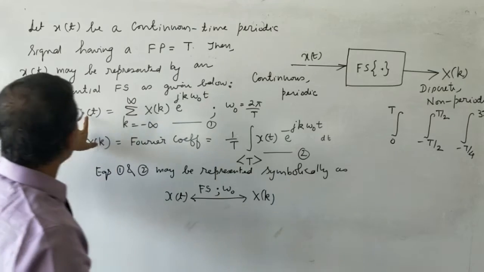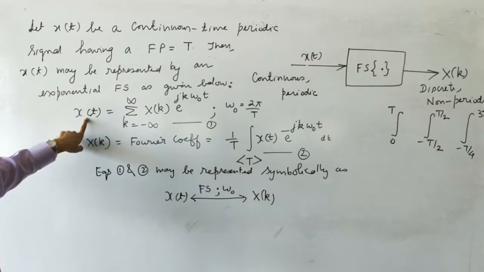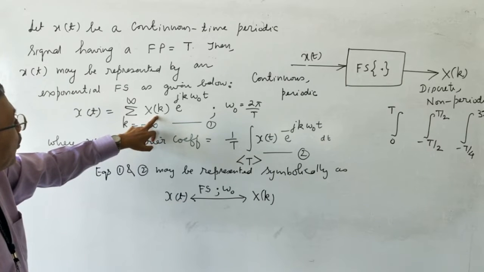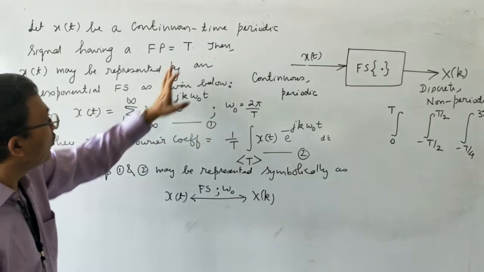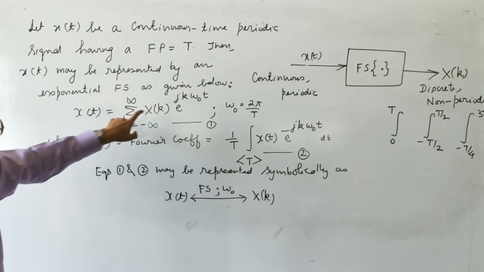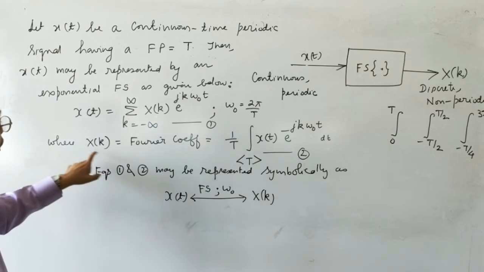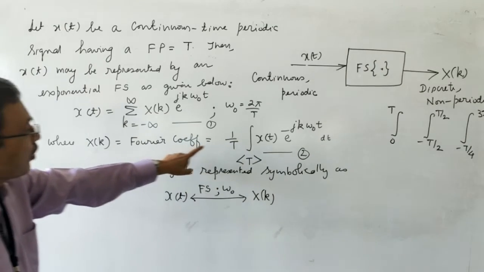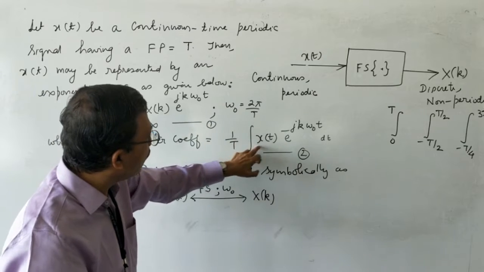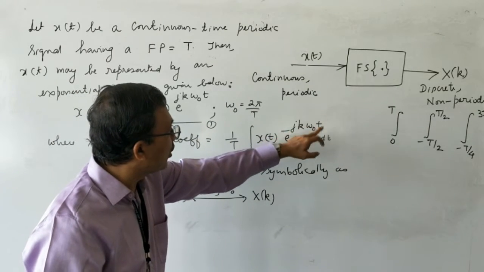Now, x of t is represented as an infinite summation on x of k with x of k multiplied by corresponding exponentials.